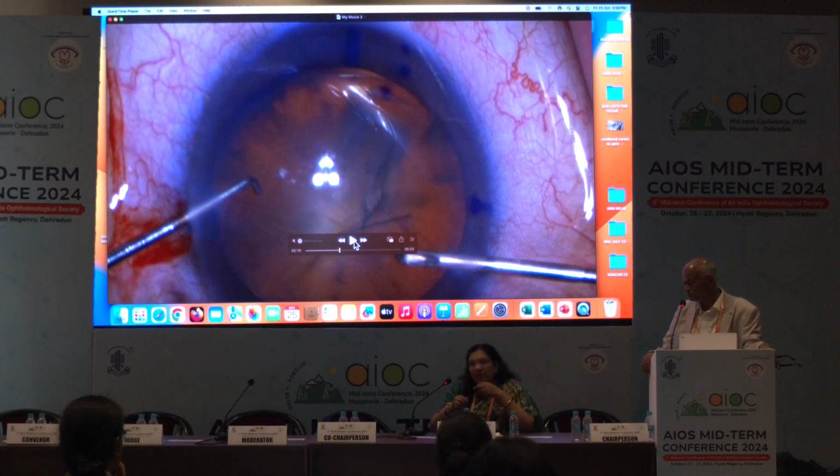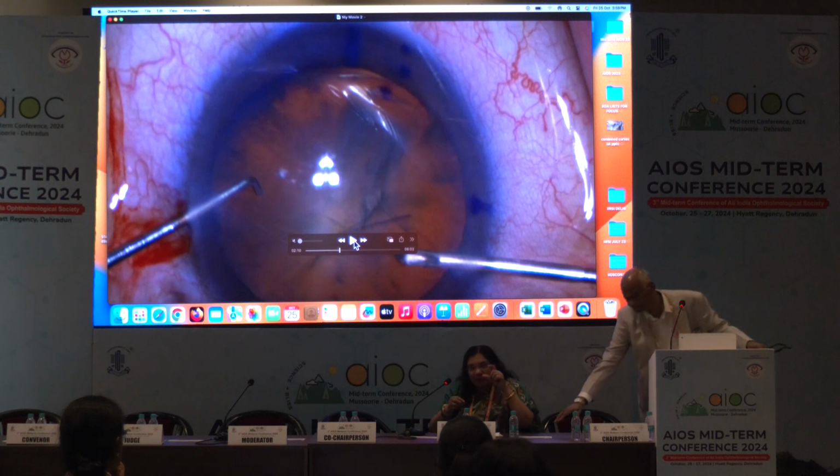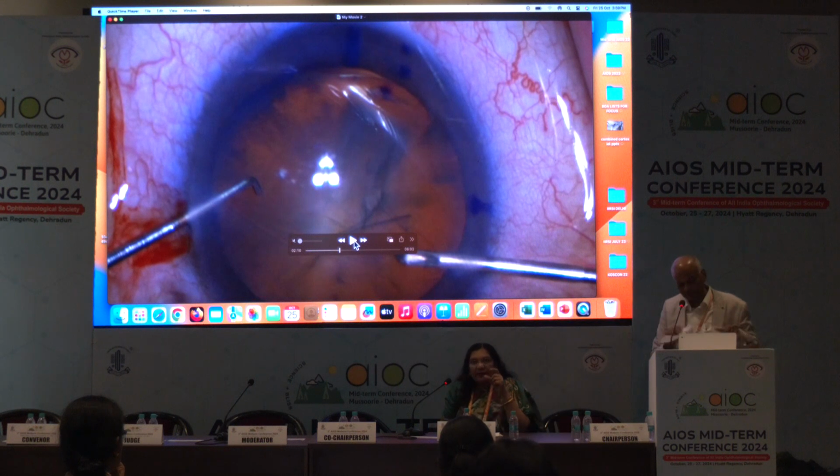In between, sir was thinking that phaco is not happening, and I thought there shouldn't be anything wrong. So we came out and I told sir maybe the needle is loose, it was not tight enough. Sometimes you get scared to tighten, but even the wrench can be a problem, and the plastic wrench which came with the disposable cassette was not good, so you should have asked for a metal wrench.